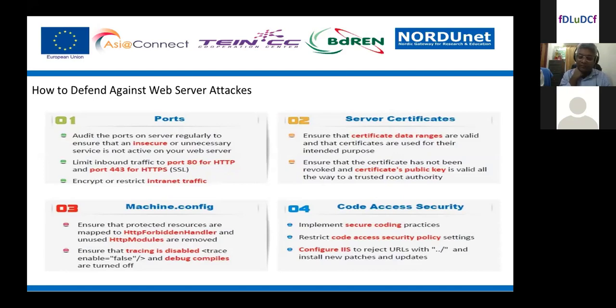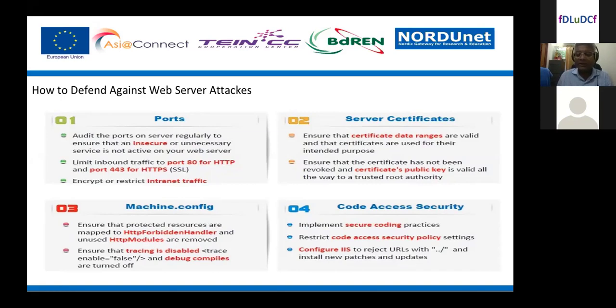And then code access security. What is code access security? Implement secure coding practice. So always during the implementation phase, you have to write code in a secure manner, and restrict the code access security policy by settings.